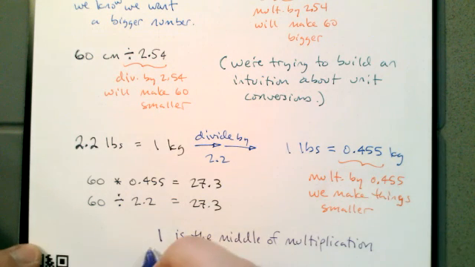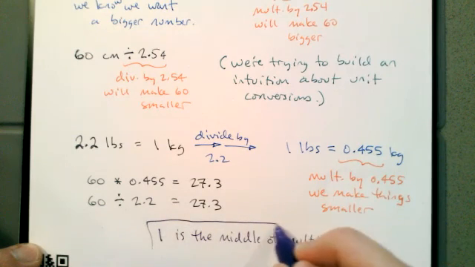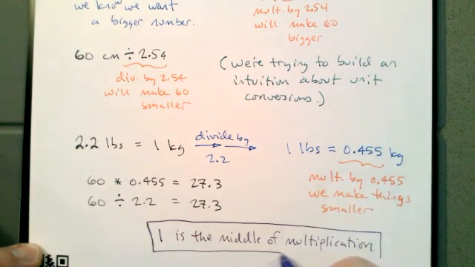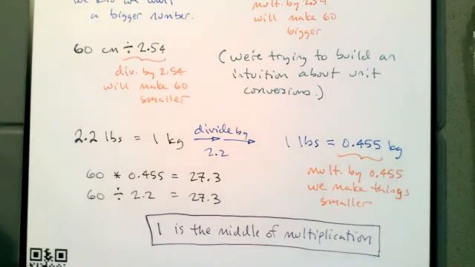It's nice to remember that 1 is in the middle of multiplication. That's our takeaway for today. Multiply by something more than 1, things get bigger. Multiply by something less than 1, things get smaller. Any questions?